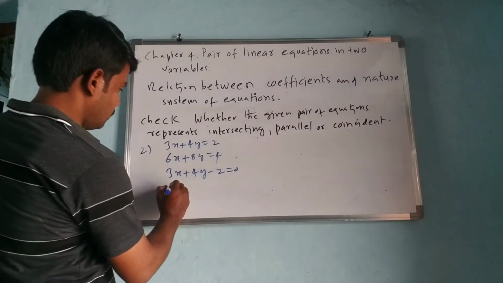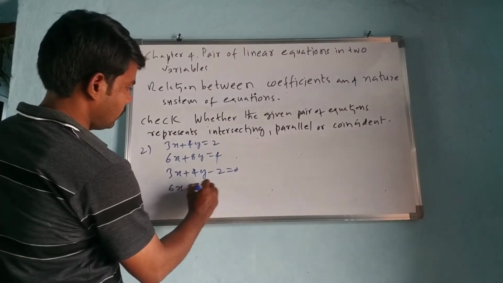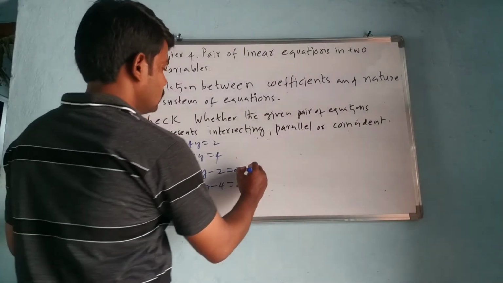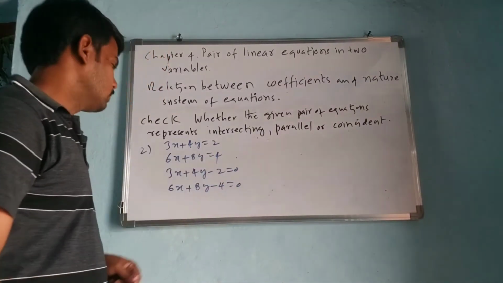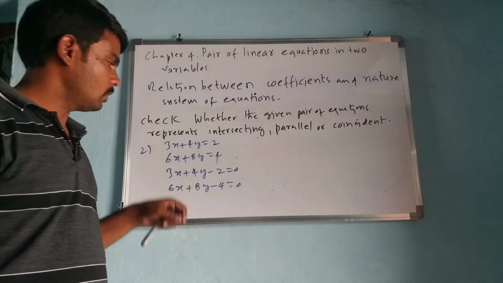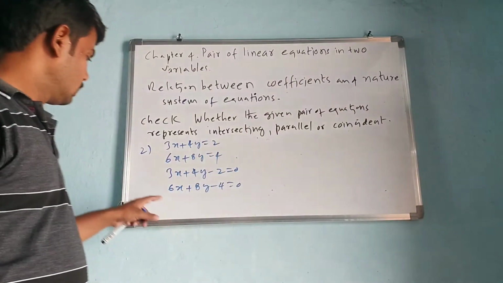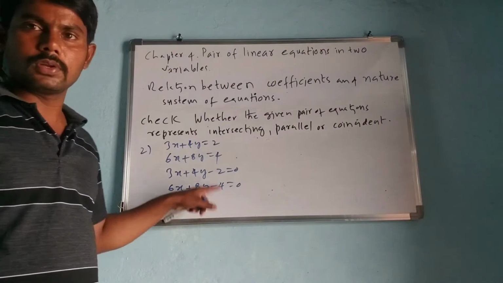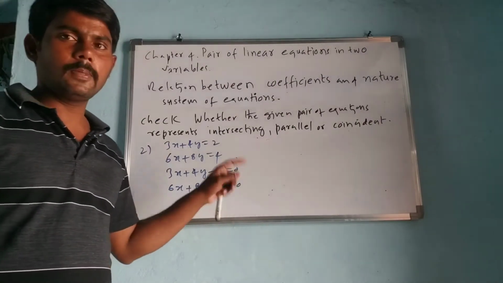And the second equation can be written as 6x plus 8y minus 4 is equal to 0. So this is equation 1 and this is equation 2. In the equation 1, the coefficient of x is 3, the coefficient of y is 4, minus 2 is the constant. And the coefficient of x is 6 and the coefficient of y is 8 and minus 4 is the constant.